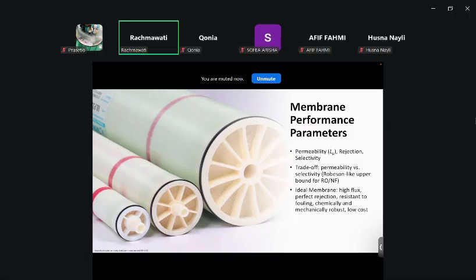So the ideal one is that you want high flux with high rejection, and you also want a membrane which is resistant to fouling, because you don't want a decrease in flux over time. You also want a membrane which is chemically and mechanically robust. Whatever is in the feed will not break down the membrane, and mechanically, because you are applying, for example, high pressure, the membrane can still stand it.